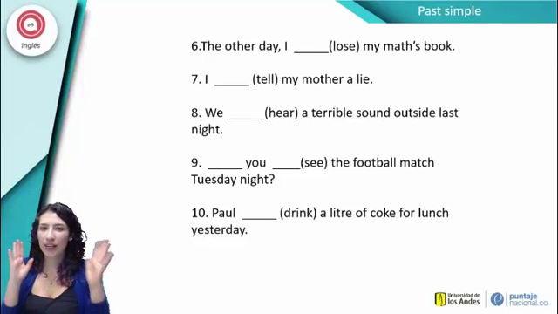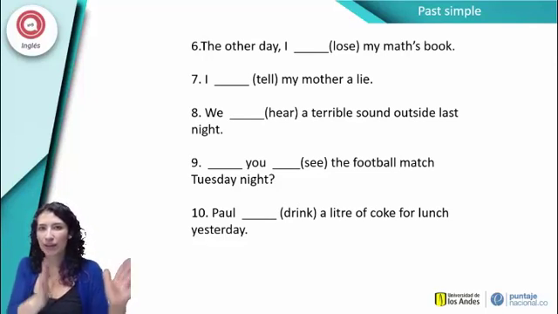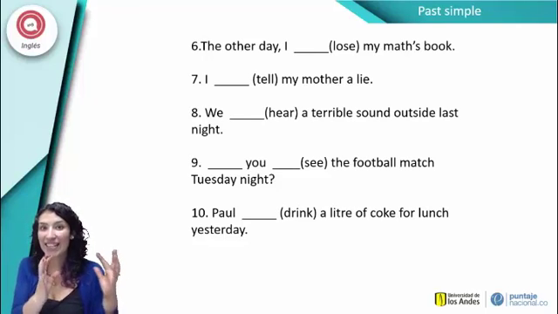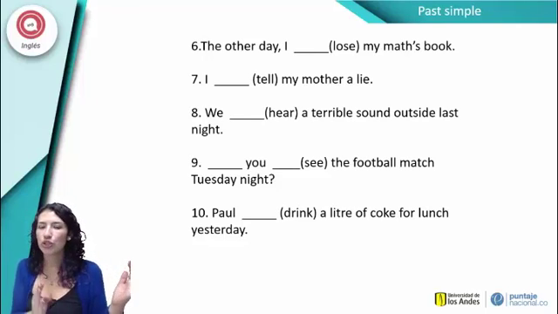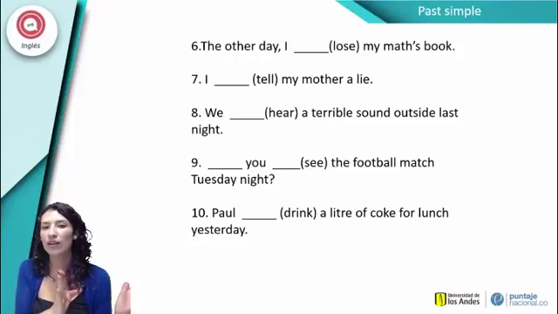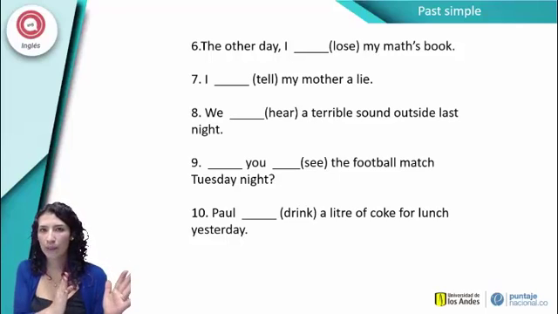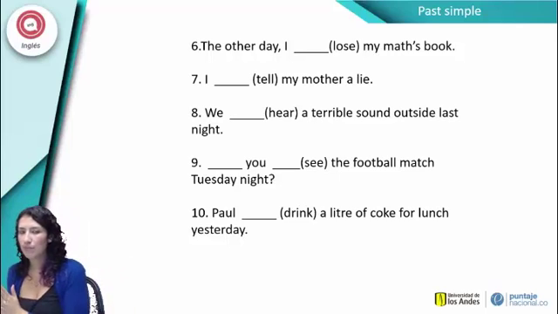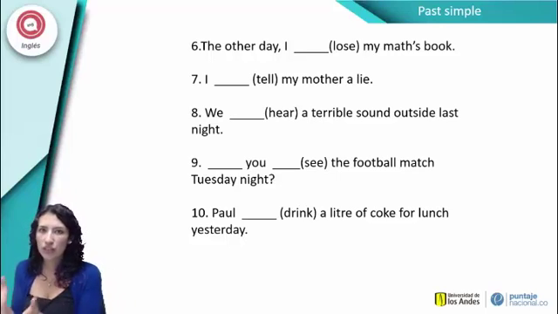Remember, acuérdense que el auxiliar es el que está marcando el pasado. El auxiliar ya está en pasado. Es did you see. Si ya tengo el auxiliar en pasado, en presente el auxiliar es do, en pasado did. Como ya el auxiliar está conjugado en pasado did, el verbo viene normal en infinitivo. Did you see the movie yesterday?